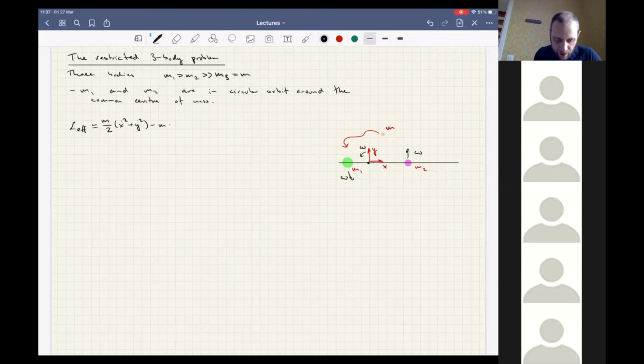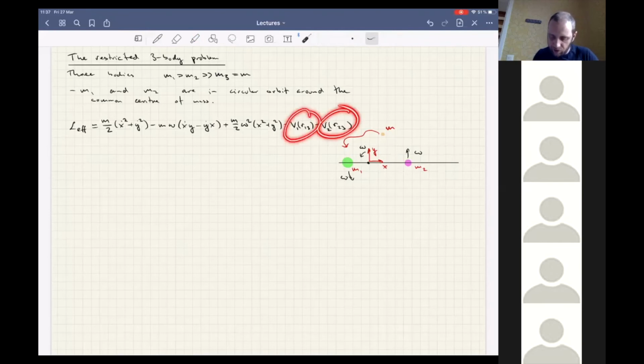The first one is m omega times x dot y minus y dot x, plus m half omega squared times x squared plus y squared, and then minus V of r13 minus V of r23. So these are the potentials created by m1 and m2 respectively.